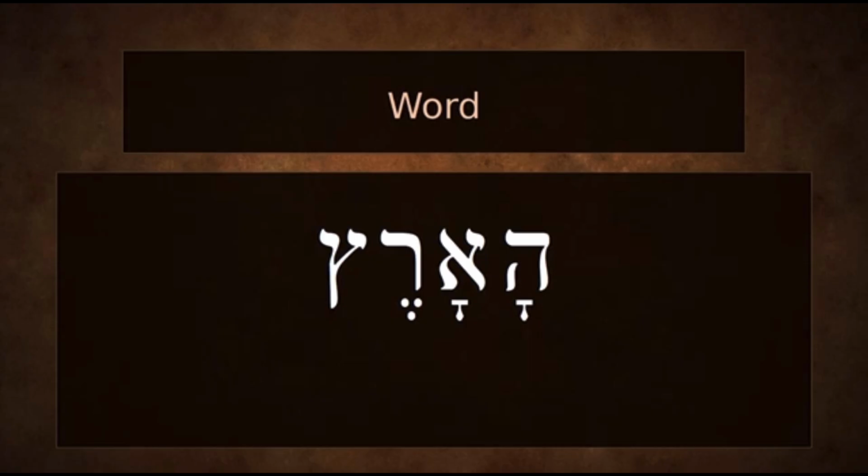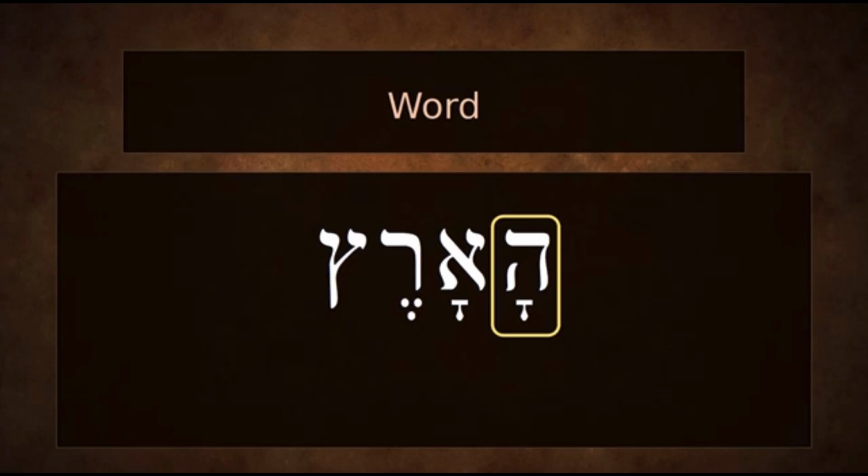Notice that this word starts with a hey, and there is a kamatz under the hey, and the very next letter is an aleph. If you remember our rule about the hey prefix, the hey will have a patach underneath it, unless the hey appears before an aleph, ayin, or resh. In this case, the hey appears before an aleph. So this hey at the beginning is the hey prefix, which means the.